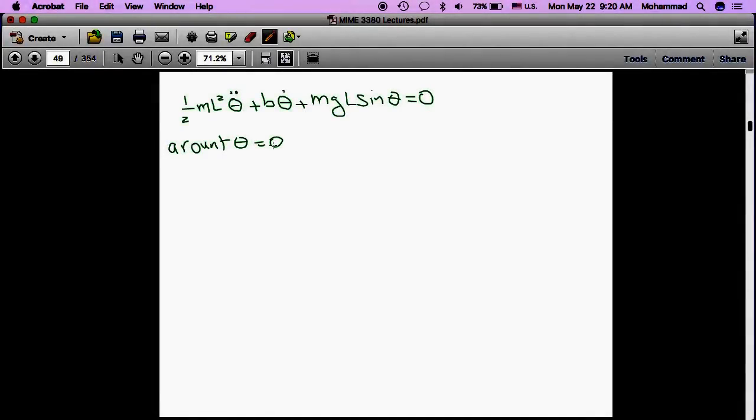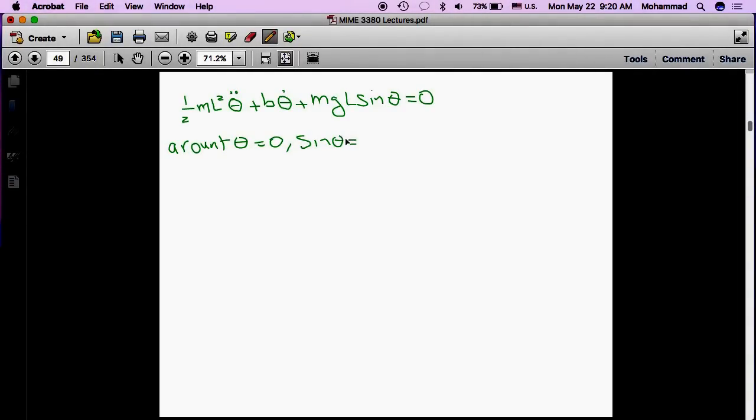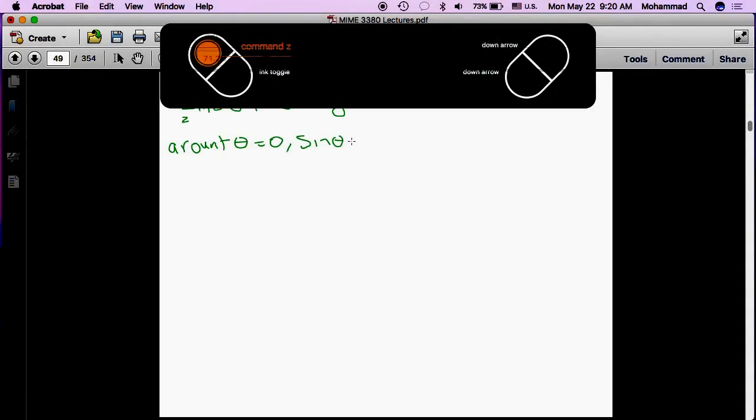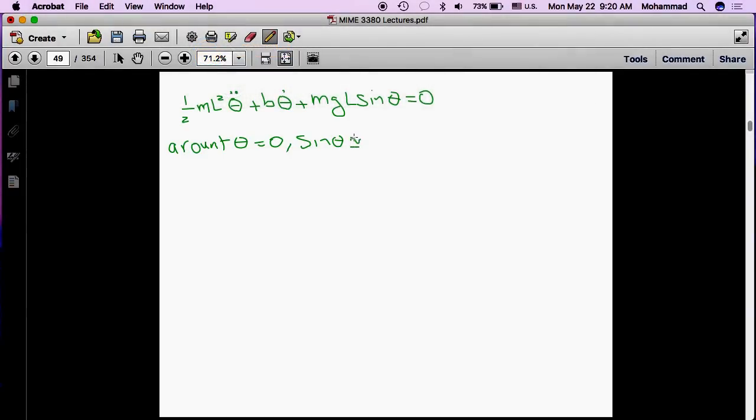Let me show you. So around theta equals 0, what we know is sine theta is approximately equal to what?